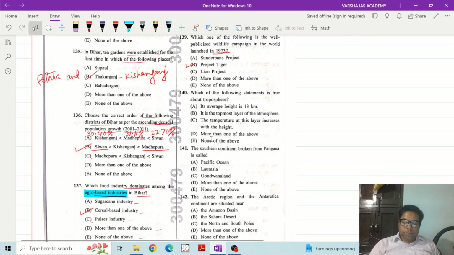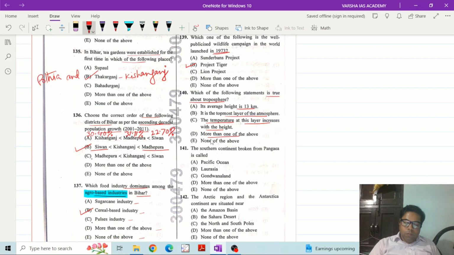Next question is, which of the following statements is true about the troposphere, right? Average height is 13 kilometers. It is the topmost layer of the atmosphere. The temperature at this layer increases with the height.